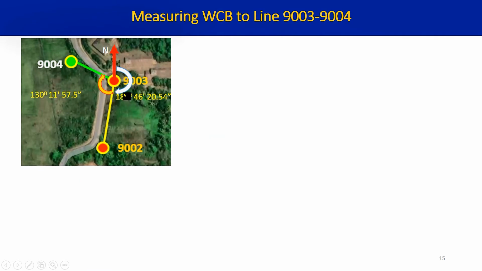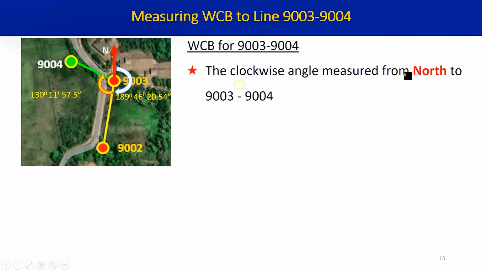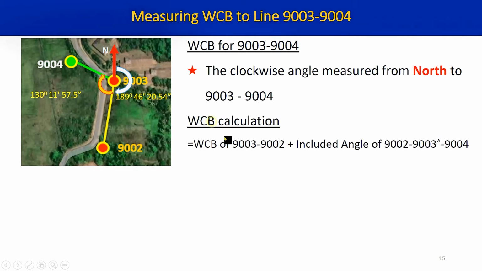The next thing is finding out the WCB to the 9003, 9004 line. Again, the clockwise angle measured from north to the 9003, 9004 line is the WCB for that line. For that we can add the included angle measured from 9002 to 9004 at 9003 to the WCB of the 9003, 9002 line.